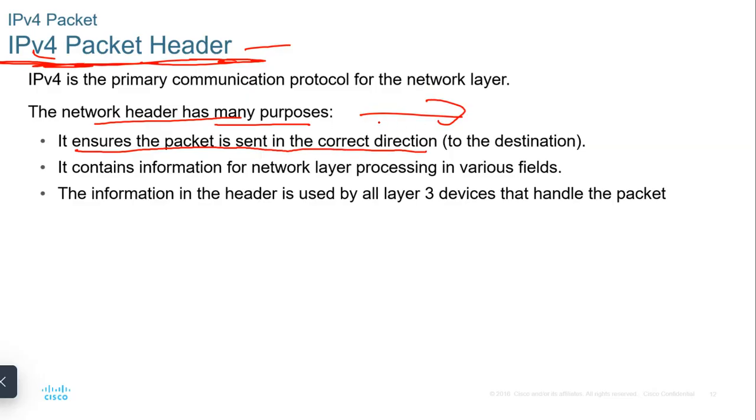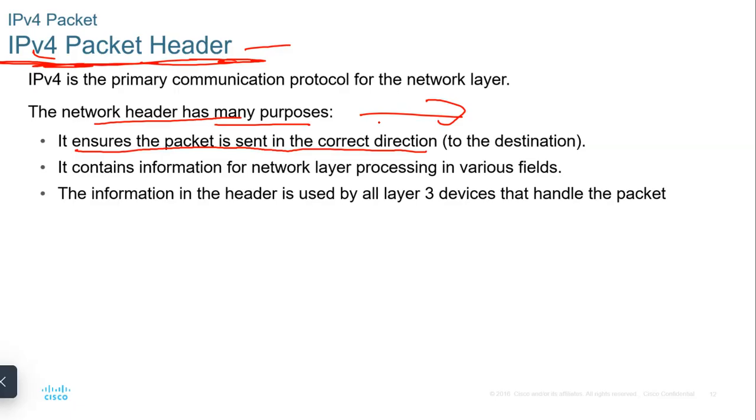Once the addresses are stated, there is a clear destination. The header contains information for network layer processing in various fields. The information within the network layer is used in processing that packet.